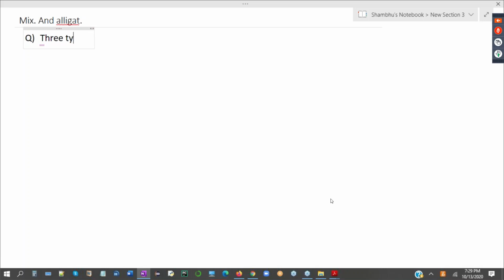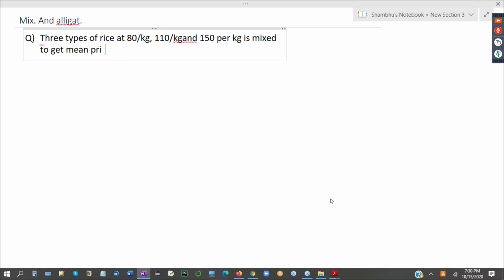So if I give a question: 3 types of rice at 80 per kg, 110 per kg, and 150 per kg are mixed to get a mean price of 120 per kg.